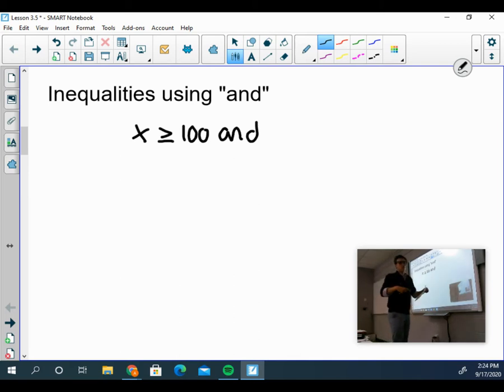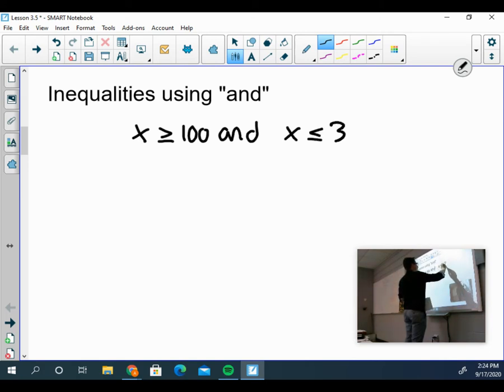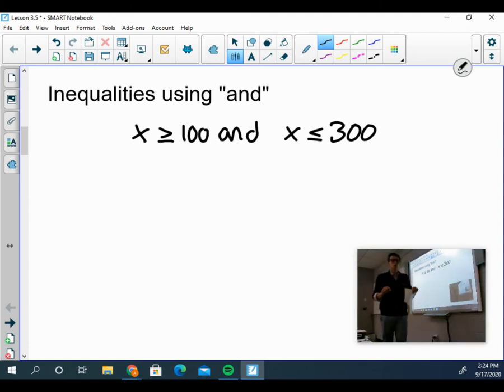And then we have some big football players or wrestlers, and our biggest person weighs 300 pounds. We would use an and inequality to describe the situation of their weights, right? Everyone weighs at least 100 pounds, but no one weighs over 300 pounds. Both situations are occurring.